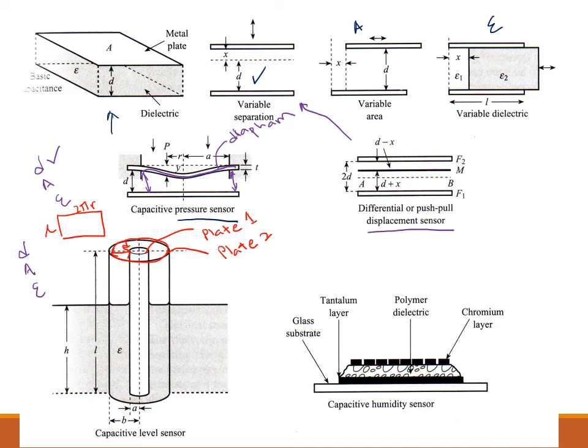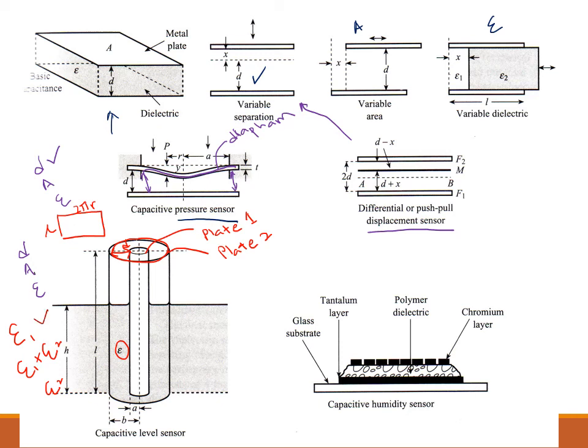Now the changing value is the dielectric here. So you may have a combination of epsilon 1, or epsilon 1 plus epsilon 2, or just epsilon 2, based on the level. Let's say epsilon 1 is air, then when there is no liquid in the tank, it only consists of epsilon 1.